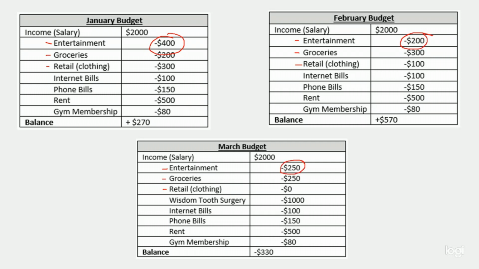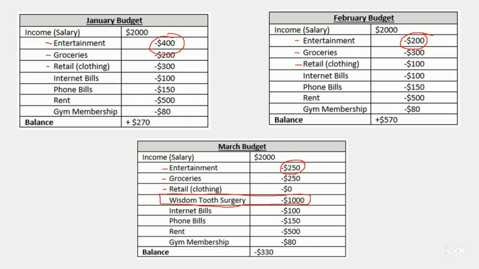What we also see is that there are certain transactions that might only appear in certain months. So if someone has suddenly booked in a dental appointment and he's required surgery, he's then going to add this negative $1,000 into his monthly budget.